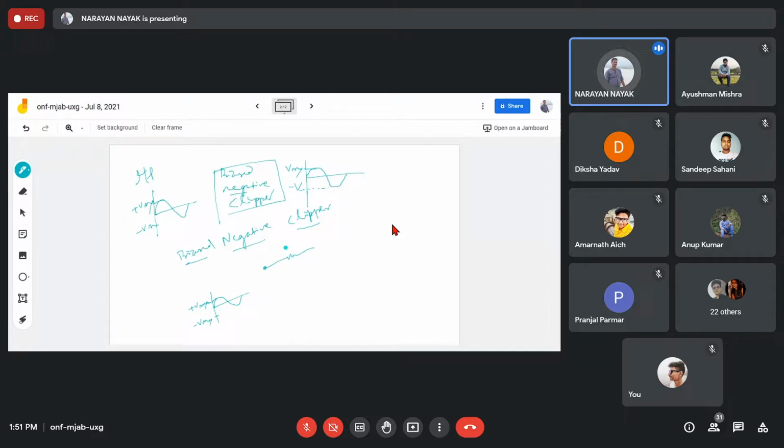You have a resistor R, and there is one diode, and you are applying the bias, which means you have to apply some supply voltage. You have taken it as a battery.